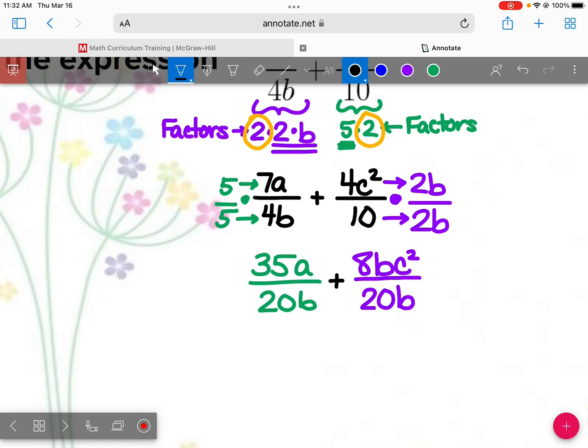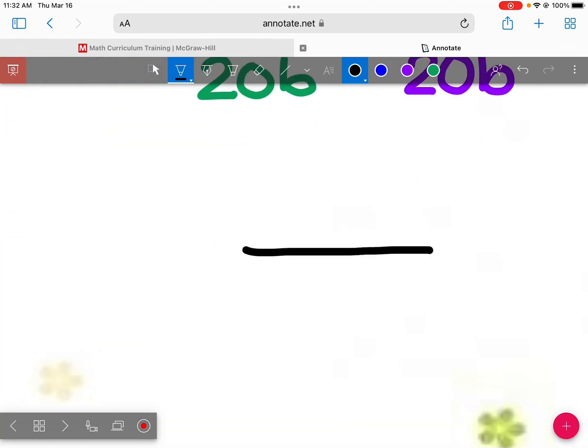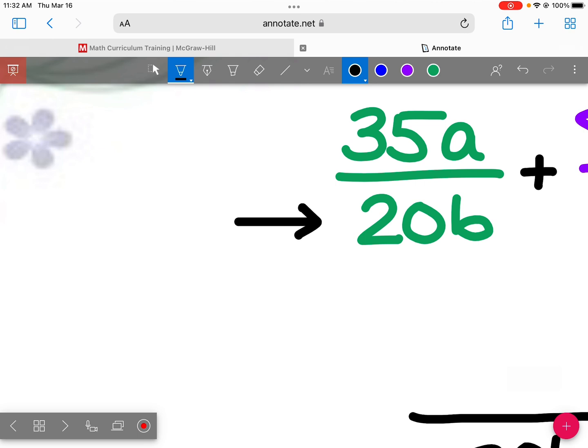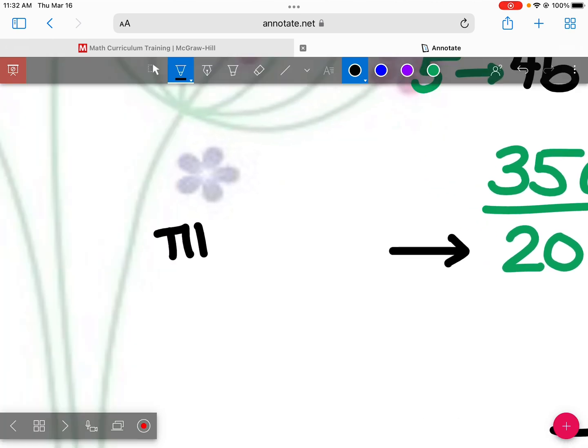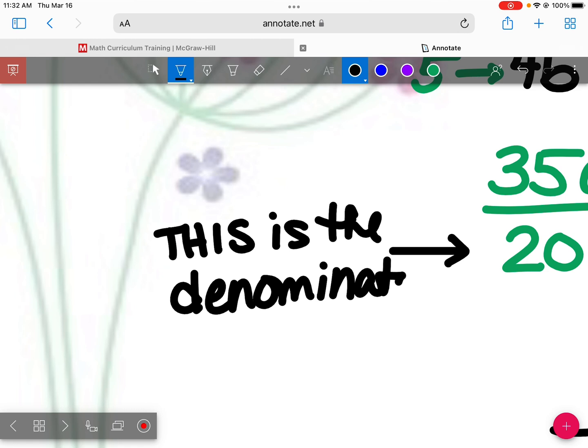So what will be the denominator of my final answer? 20b. 20b is a squared or not squared? It is not squared. Once you have that common denominator, this is the denominator of my answer.